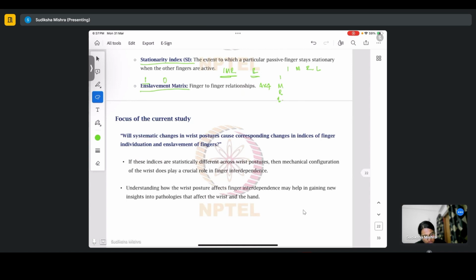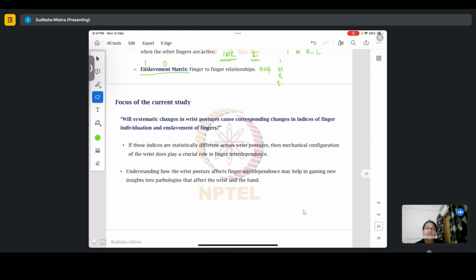Okay. So, coming to the focus of the study, which is: will systematic changes in the wrist posture cause corresponding changes in the indices of finger individuation and enslavement of fingers?